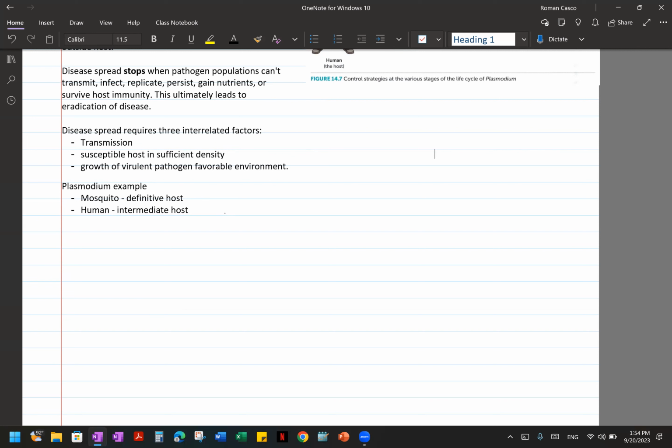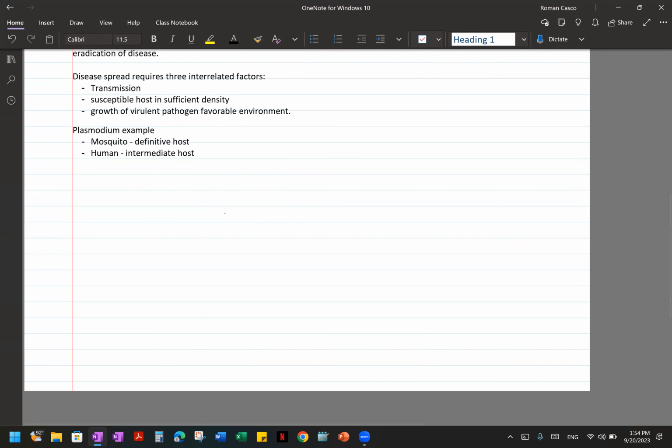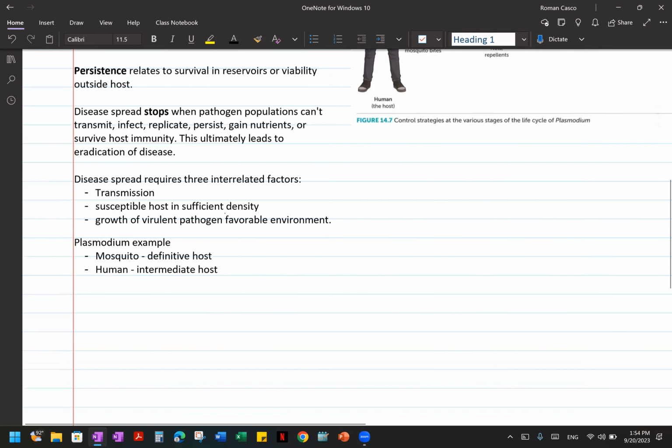You can essentially eradicate the disease. An example that is used a lot is Plasmodium, the organism that uses the mosquito as a definitive host and the human as an intermediate host. Ultimately, this organism gives you malaria.